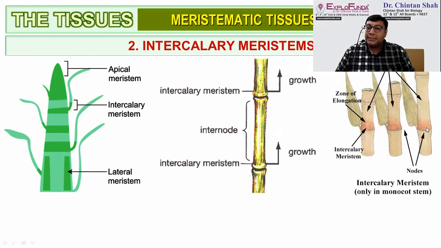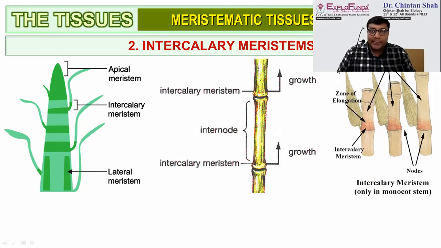Still increasing. So that's how the distance between the two nodes increases, and that will give rise to internodes. So these are the nodes, and in between two nodes there is an internode. Intercalary meristem is also there. Zones of elongation are also over here. Yes, so this is how it is, and it is also present in between permanent tissue.